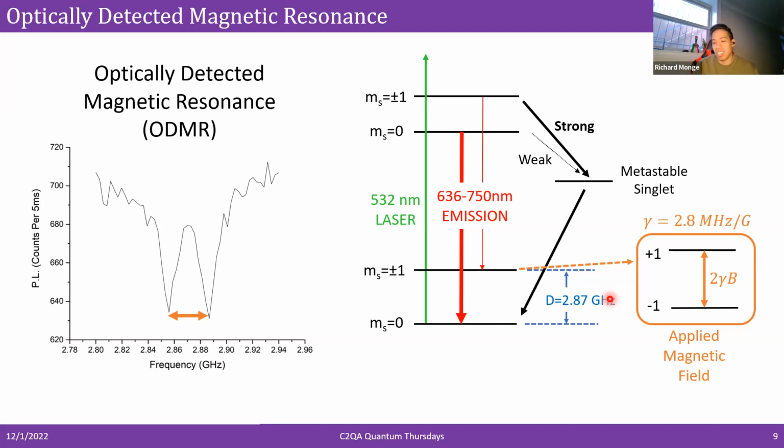Not only can you think of doing just DC magnetometry, you can now perform vector magnetometry as a function of position, determining the direction of the field using the sensor.